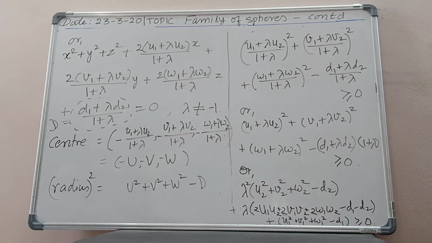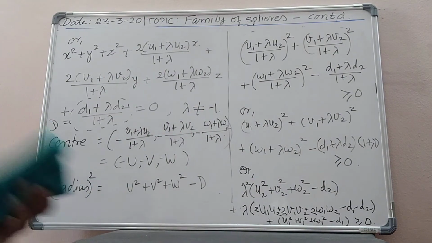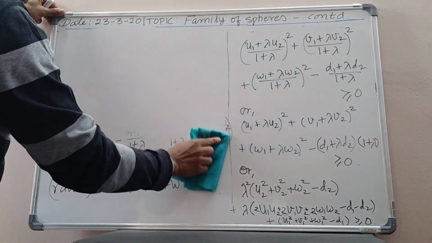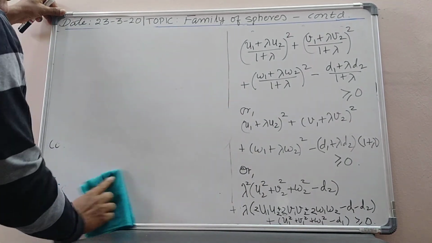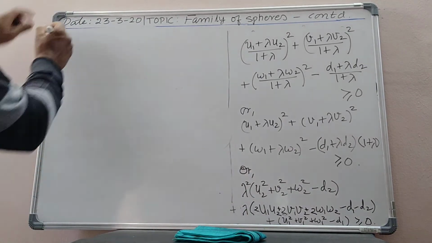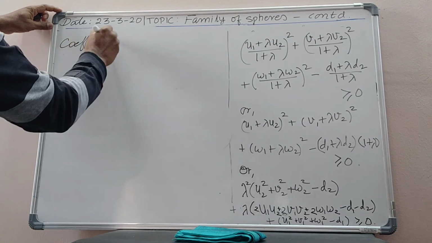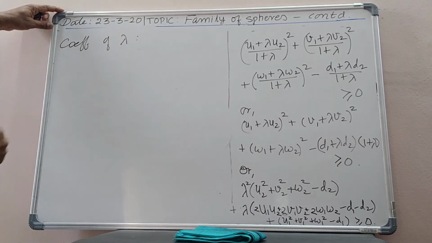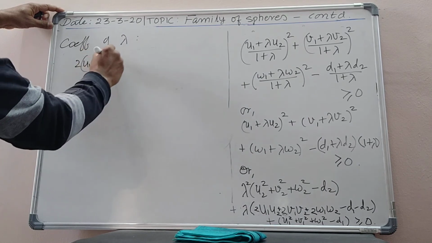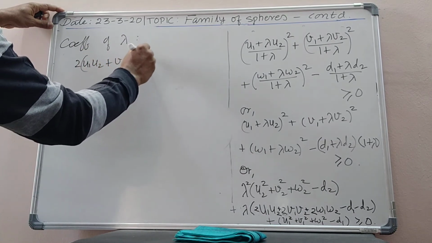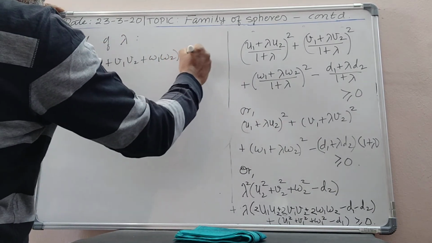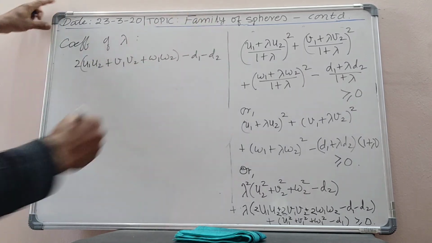Let me write this clearly over here. So what is the coefficient of lambda? It is twice u1 u2 plus v1 v2 plus w1 w2 minus d1 minus d2. That is the coefficient of lambda.